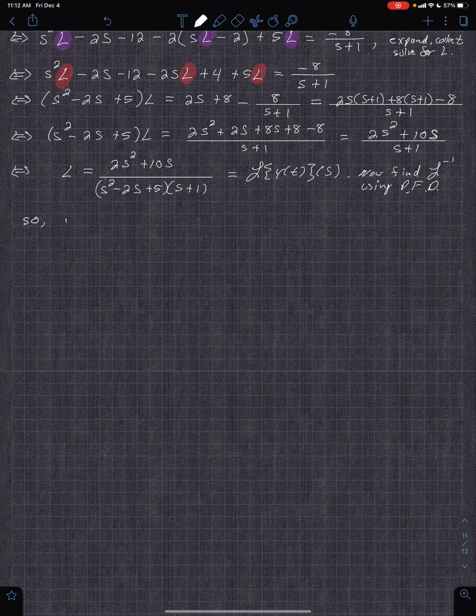So using the Laplace transform, you get y of t, and it ends up being this. This I'm just giving you. So it's 3e to the t cosine 2t plus 4e to the t sine 2t minus e to the negative t. Okay, and again, that's a whole other technique to do that.